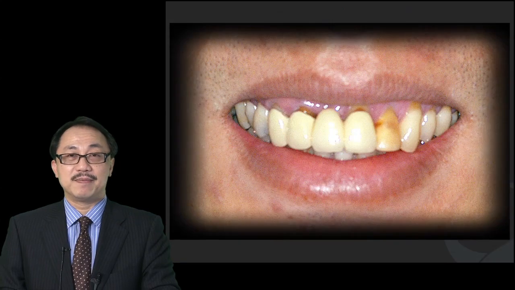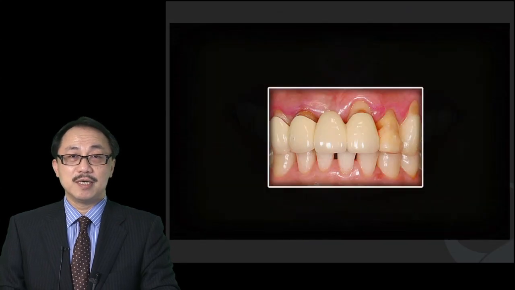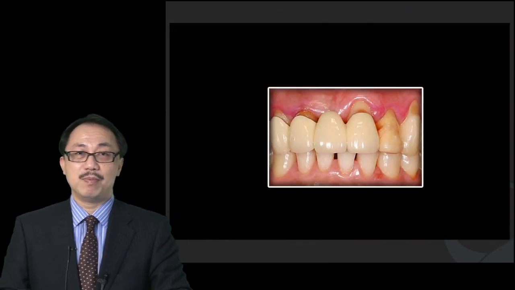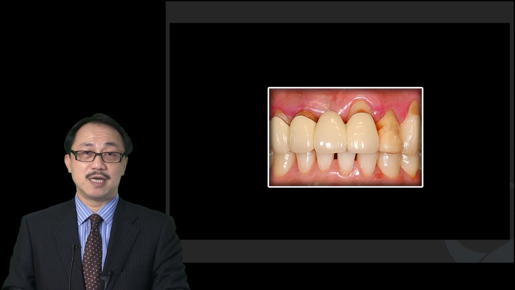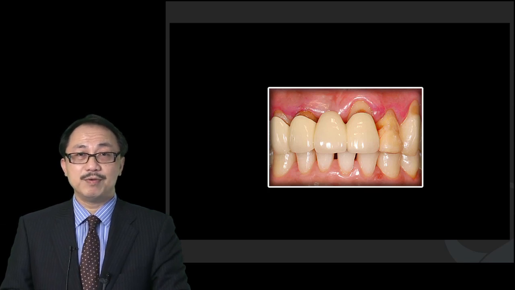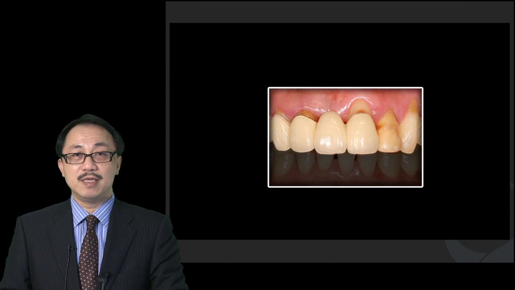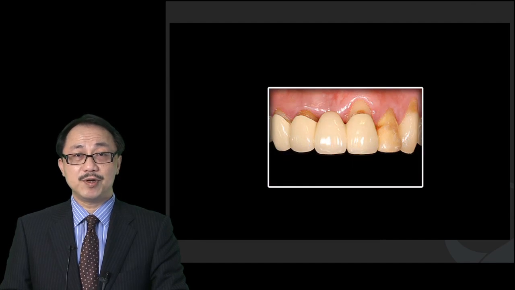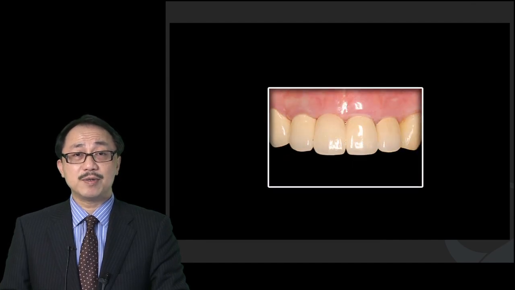Take this patient, for example. He would like to improve his aesthetics. When we take a closer look, we notice that there is a problem with the incisal edges as well as the soft tissue alignment. What we can do is try to improve the alignment of the tooth first to determine the incisal edges.